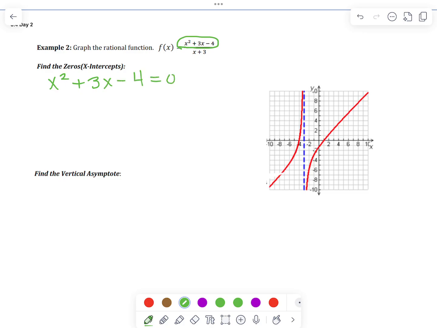And this is a quadratic trinomial where a is 1, so we can set up our diamond and we say what are the factors of AC that add to B, and those are positive 4 and negative 1. So in factored form, it's x plus 4 quantity, x minus 1 equals 0. So then we set those factors equal to 0 and solve for x.